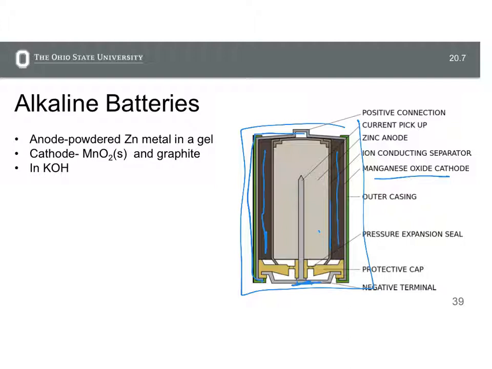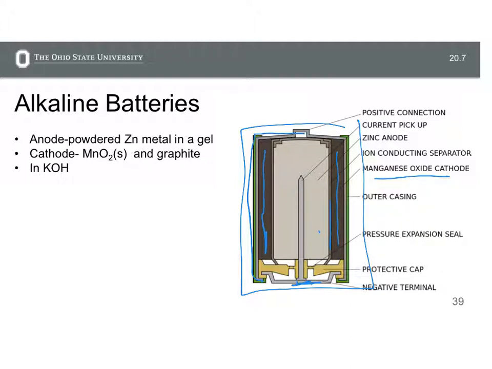And that basically acts as your salt bridge. So even though the design of the alkaline battery looks very different than the figures we've been showing for voltaic and galvanic cells, it's essentially the same thing. It's just a different arrangement of the components.